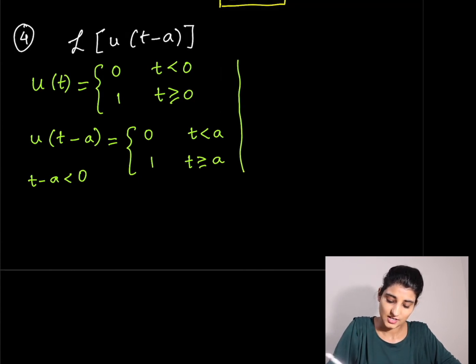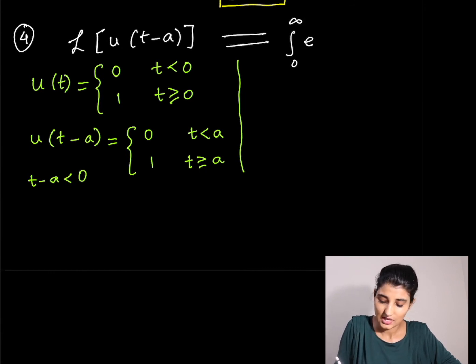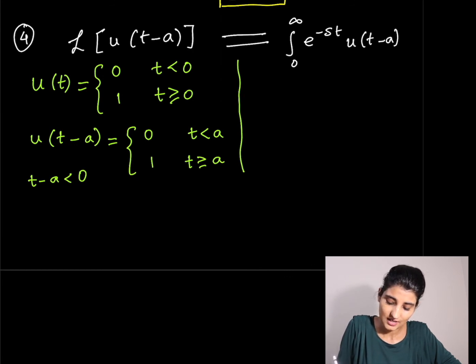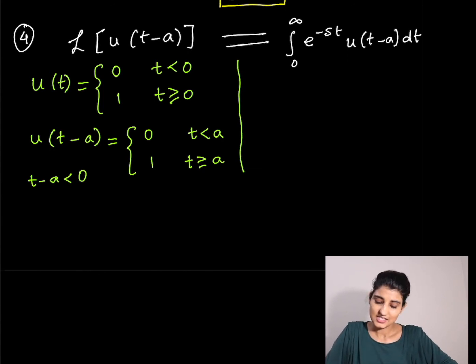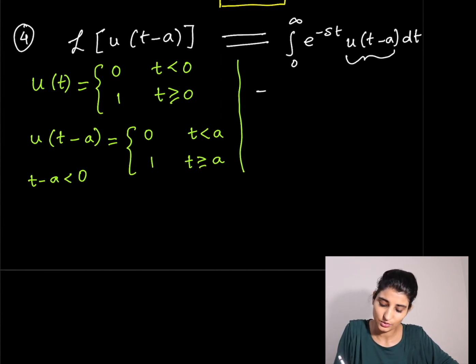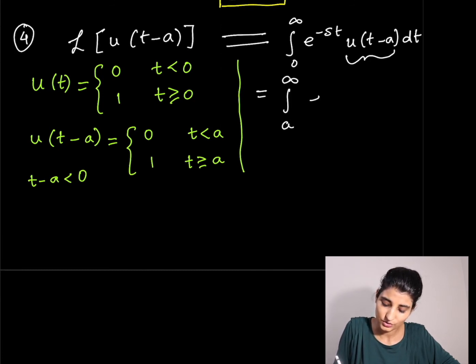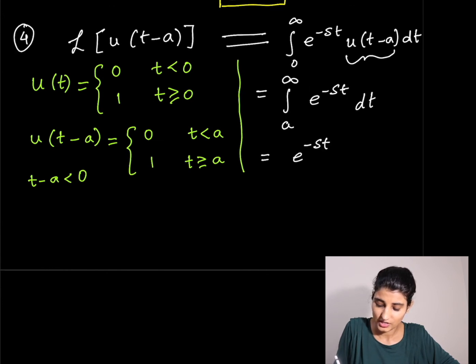So the Laplace transform by definition is equal to the integral from 0 to infinity of e^(-st) u(t minus a) dt. If t is less than a, then this Heaviside function will be 0. So this integral reduces to the integral from a to infinity of e^(-st) dt, which is e^(-st) divided by negative s.